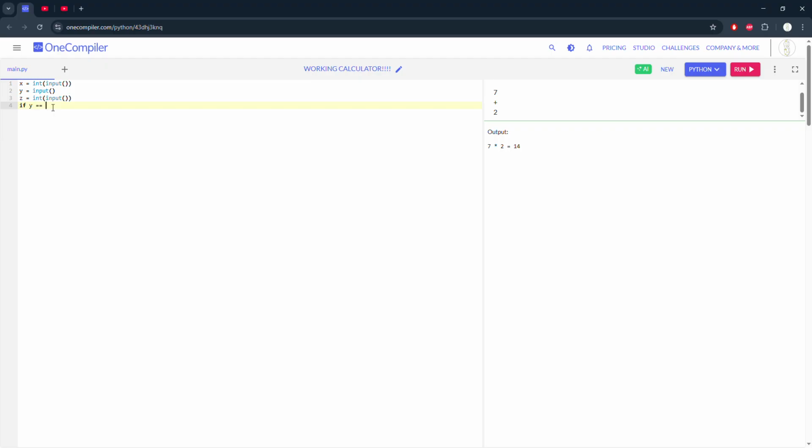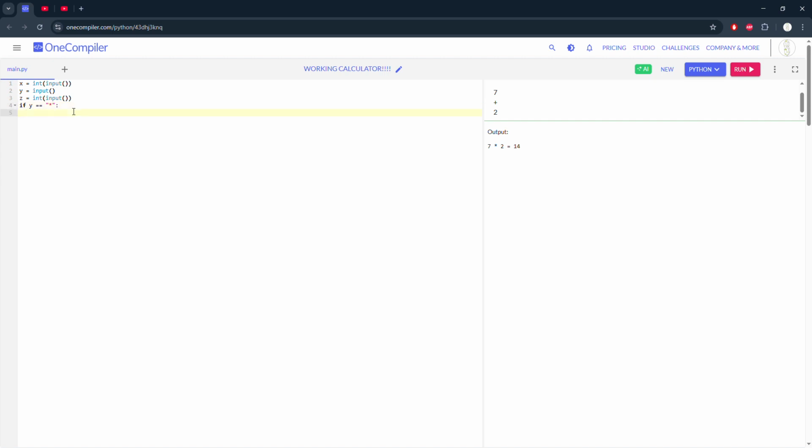Now we put double quotation marks, and inside of those we put a star. That is made with Shift 8, for those who don't know. So, now we set our condition, and we need to put this sign here, and then we press enter for the next line.